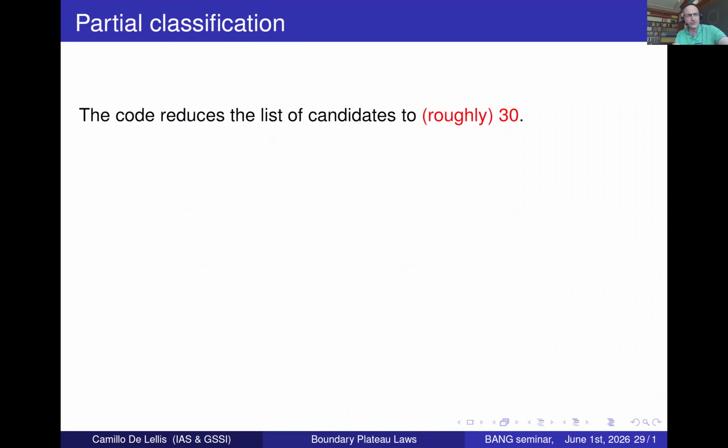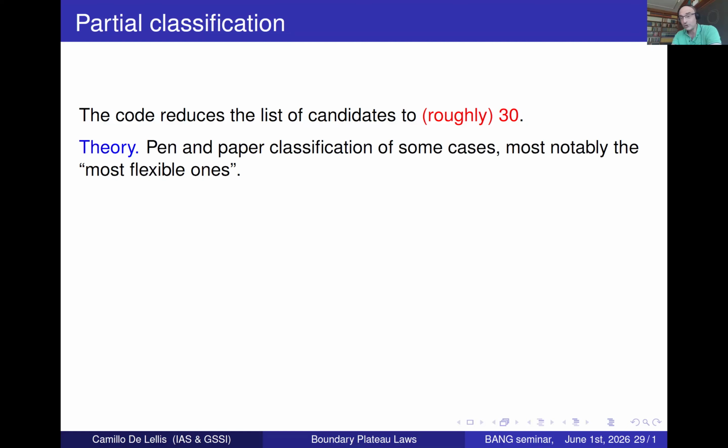Okay, so this is what gives us this list of 30, which I told you at the beginning, of which, of course, we want to get to 6. But this is now a list of 30 in which, say, 24 have to be excluded on energetical grounds. So this is a partial classification yet. Now, there's one important point which I am sweeping under the rug.